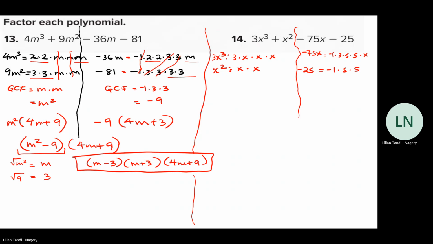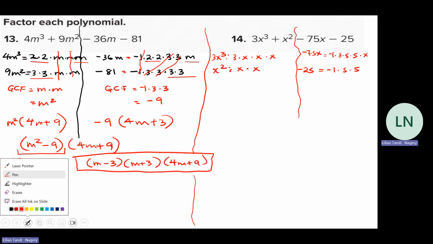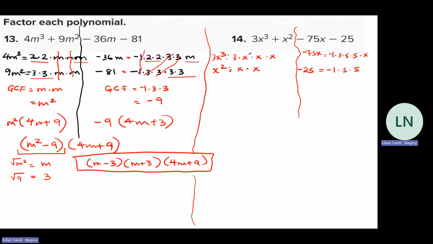Okay. Now, let's do GCF. So this goes with that. So GCF is x times x, which is x squared. Then you write x squared, what is remaining? 3x plus 1. Okay? Why plus 1? Because I used everything. Nothing is remaining here.